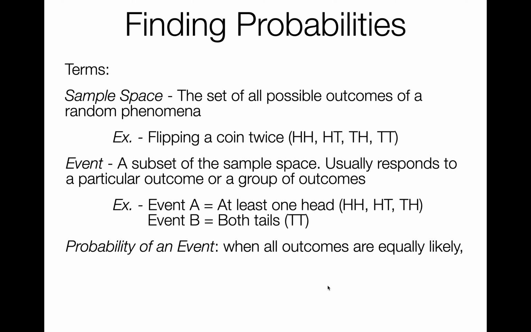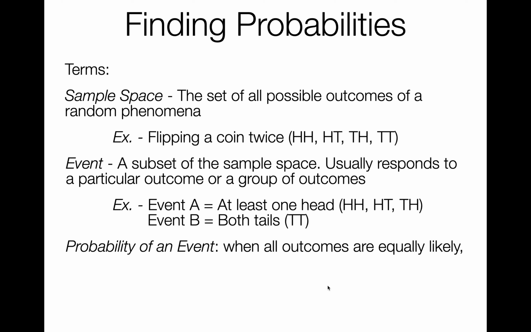And so the probability of an event is defined in this way only in a special case. And the special case is when all the outcomes are equally likely. So for instance, a fair coin: both outcomes are equally likely. If I roll a fair die, a 6-sided die, those outcomes are equally likely.